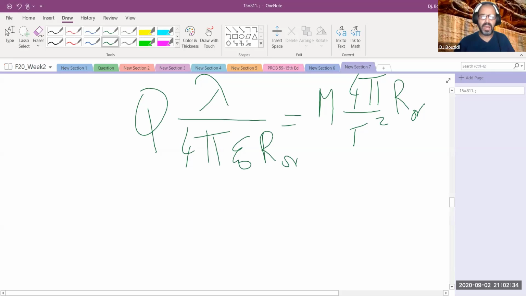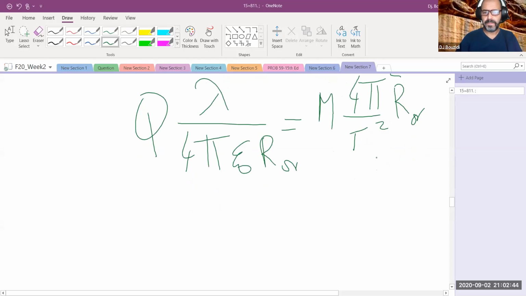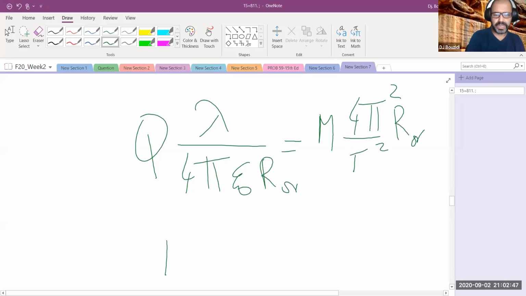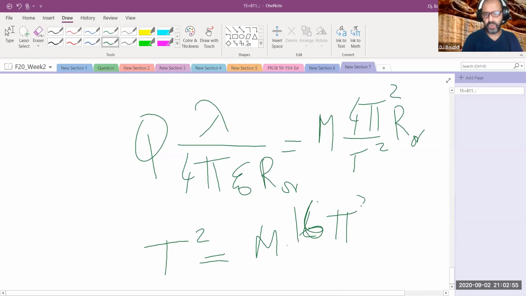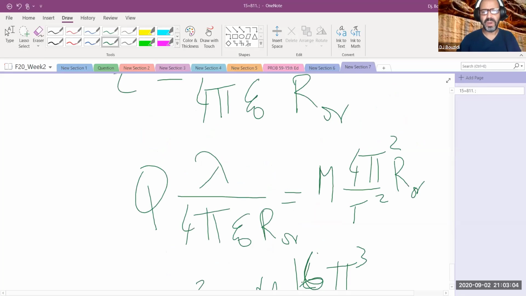So now, from here, we're going to find what the T is. Move things around, move q around, and things like that. You should find the expression for what T is. So I'm going to rewrite the expression here. T squared is going to be equal to mass times 16 pi cubed times, I'm going to deal with the r squared later on, divided by q times lambda, and lambda we found an expression for it.